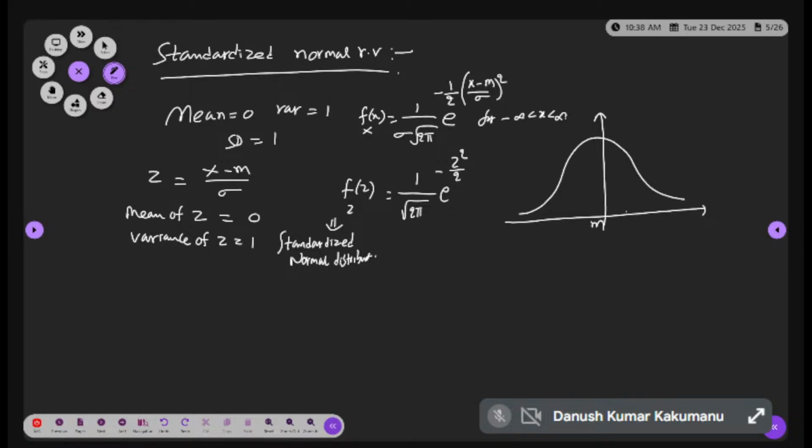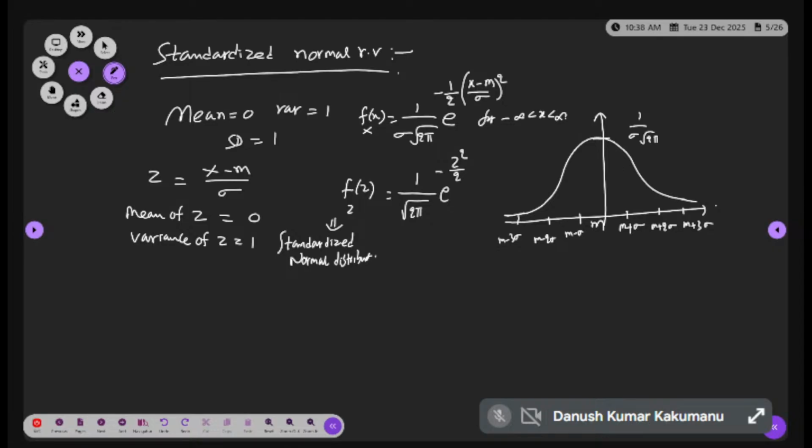This value is m, then m plus sigma, m minus sigma, m plus 2 sigma, m minus 2 sigma. Then the graph goes down to m plus 3 sigma, and on this side m minus 3 sigma. What is the highest value of the normal distribution? 1 by sigma root 2 pi.